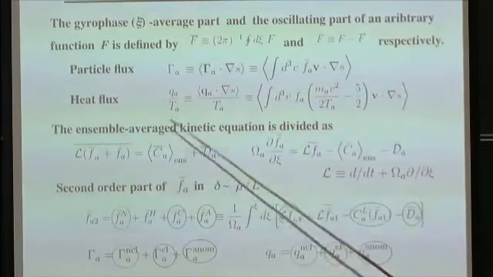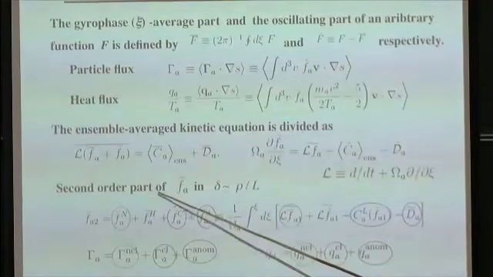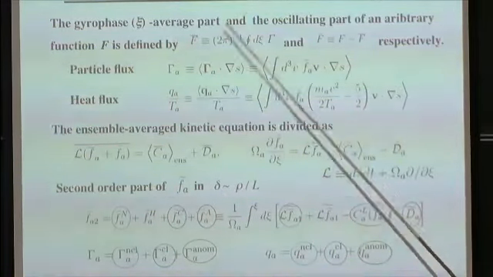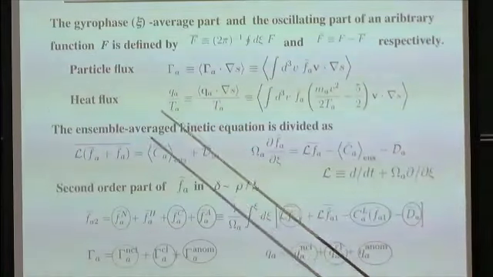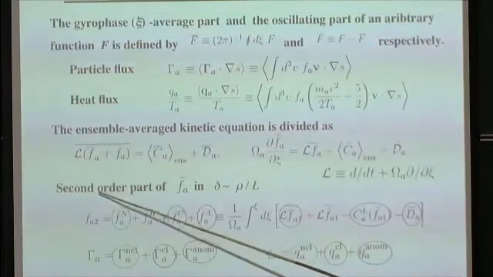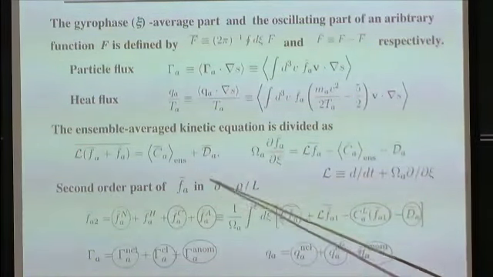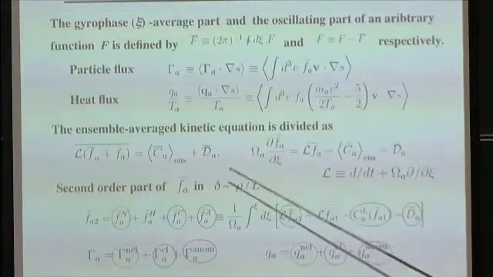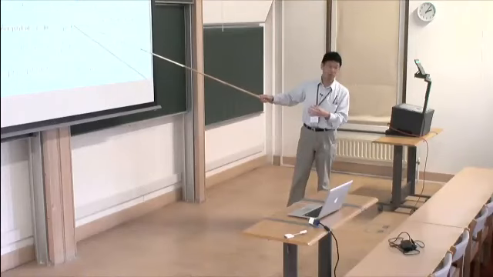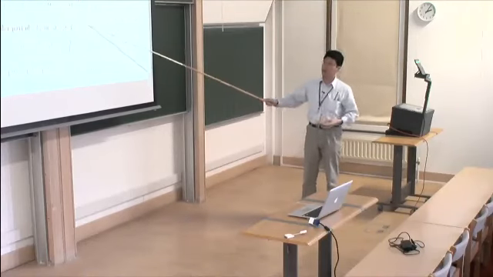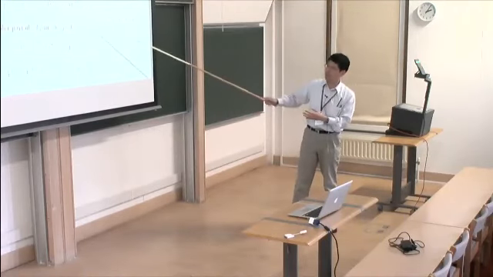And as already well known, the radial particle and heat fluxes are of second order in this delta. Delta represents the small gyro radius ordering parameter, often also called rho star, but here we use delta.